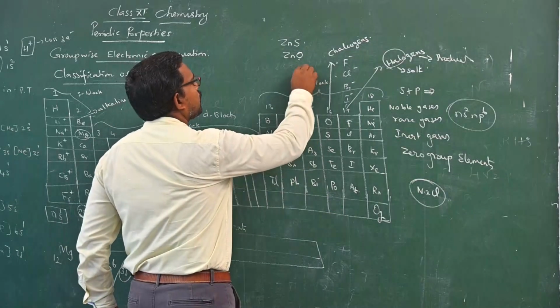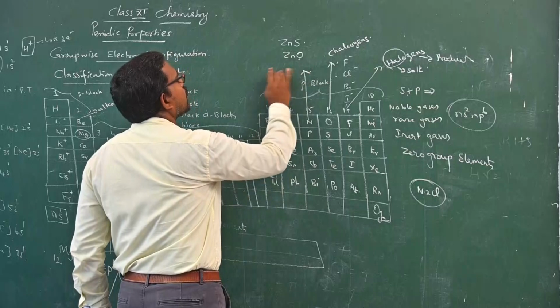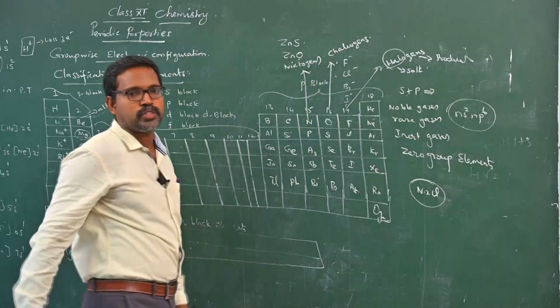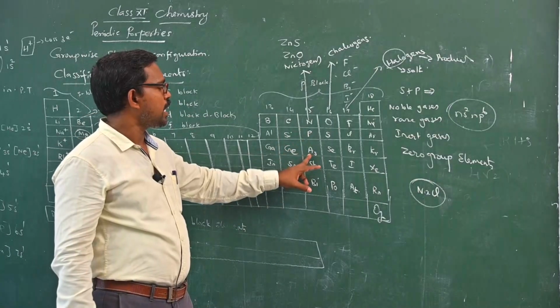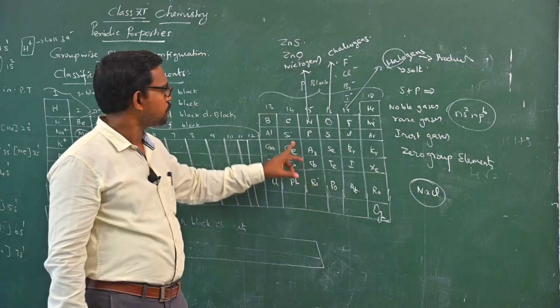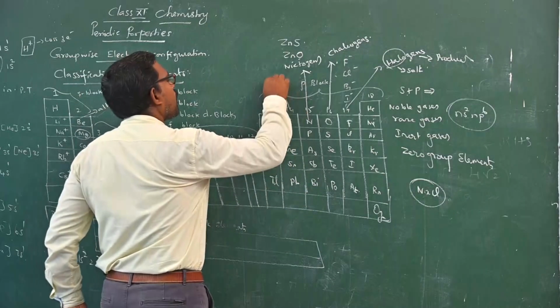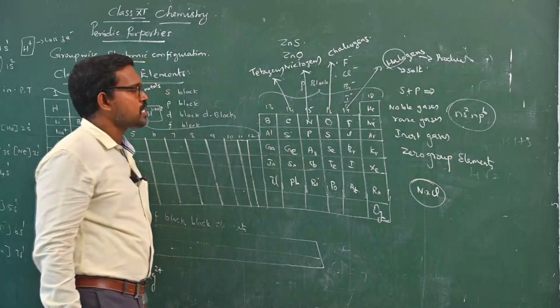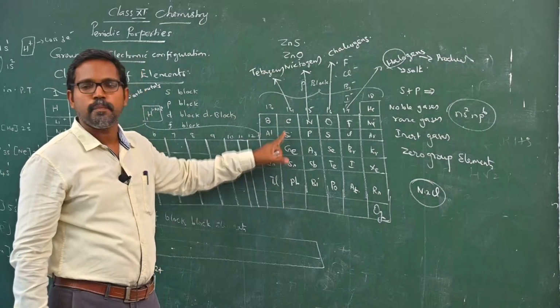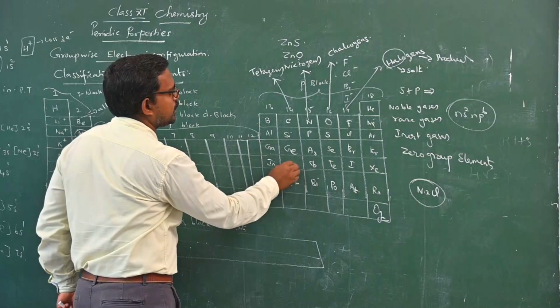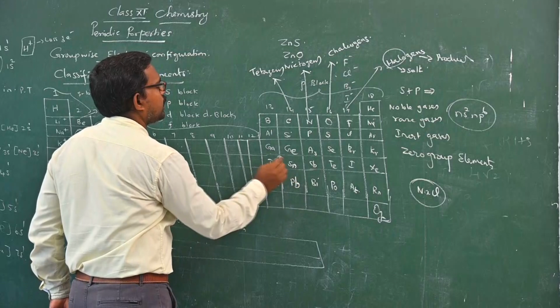Nitrogen family, group number 15. The nitrogen family is called pnictogens: nitrogen, phosphorus, arsenic, stibium (antimony), bismuth. And the carbon family, tetrogens: carbon, silicon, germanium, stannum (tin) and plumbum (lead).